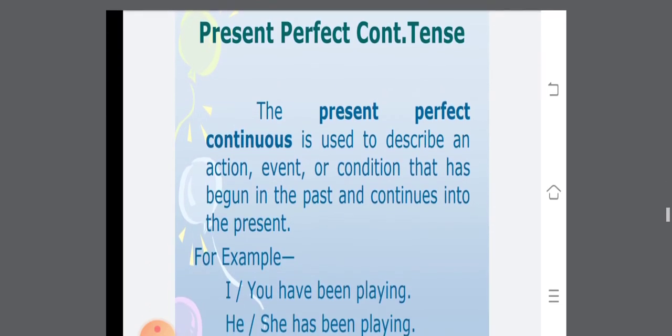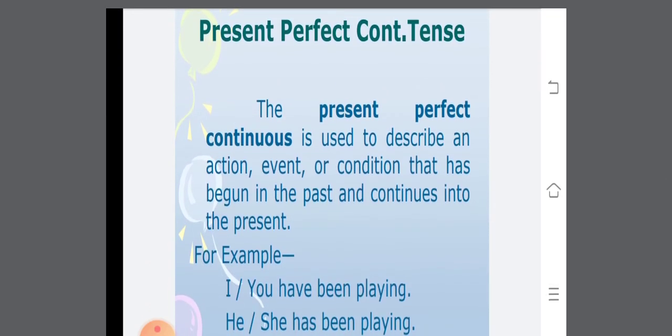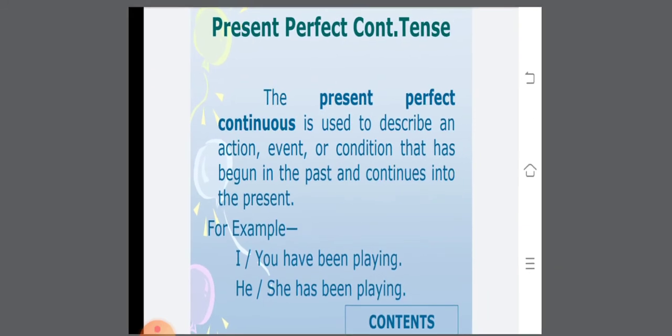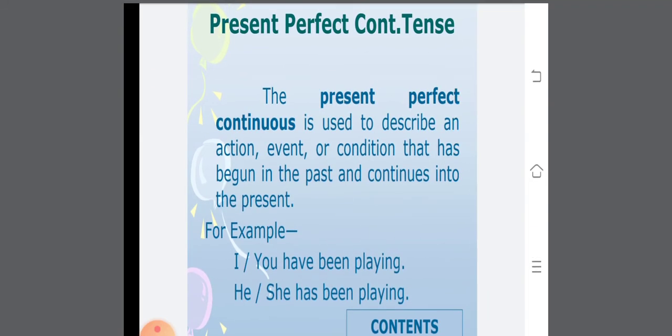Now present perfect continuous. What we have seen in present continuous is an action which is happening in the present reference, in progress, not completed, continuing. And present perfect continuous means an action which has started in the past and is still continuing.